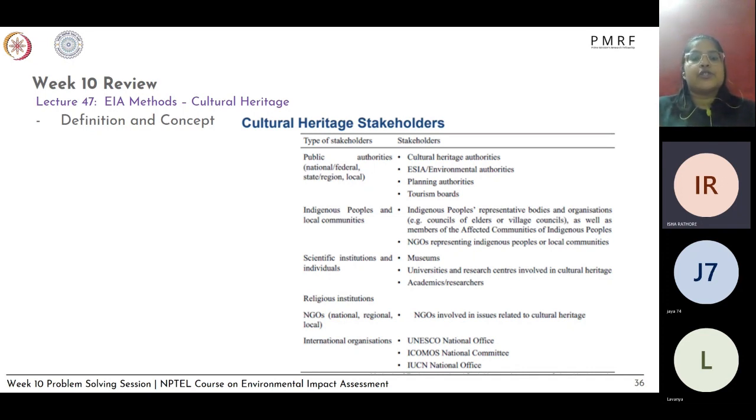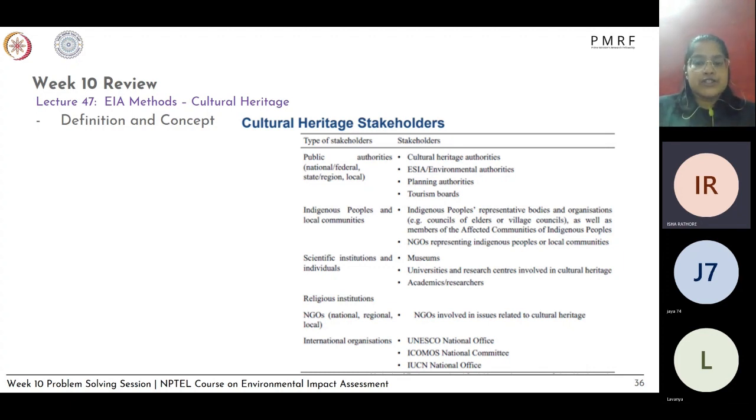And then scientific institutions and individuals like museums, universities, and research centers, academics or researchers who focus or talk about cultural heritage. Then regional institutions, if they have a religious value associated to it, NGOs, national, regional, and local level. So NGOs are also involved in issues related to cultural heritage.